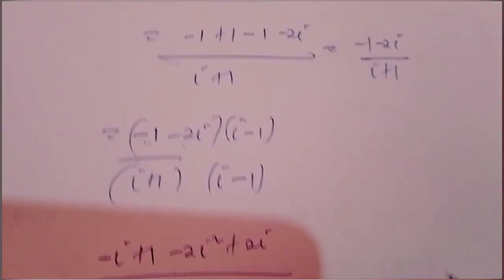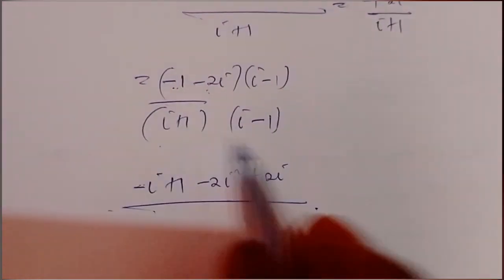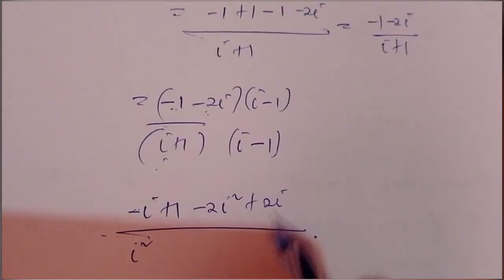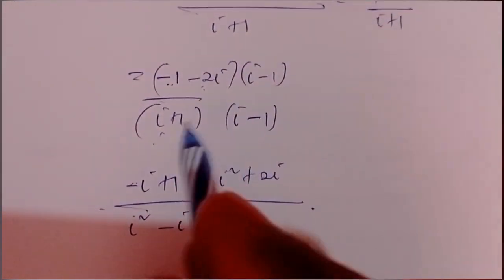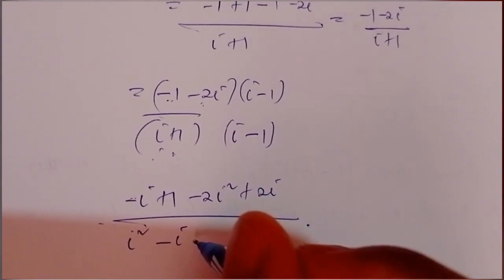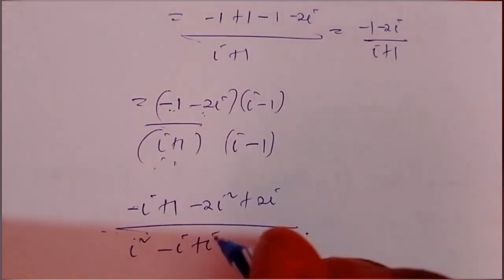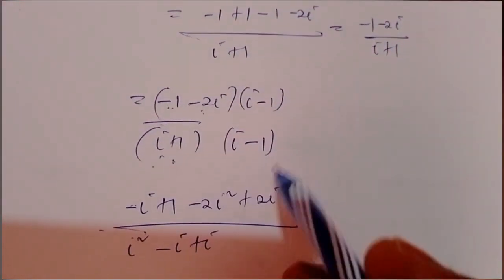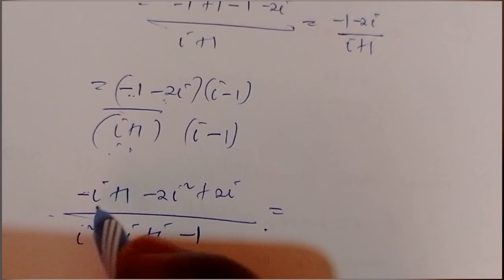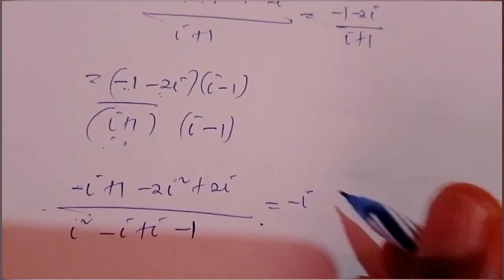Over i times i is i squared, i times negative 1 is negative i, 1 times i is positive i, then 1 times negative 1 is negative 1. And now this gives us negative i plus 1.